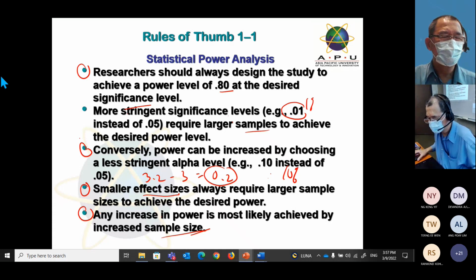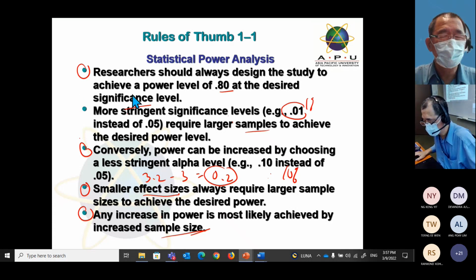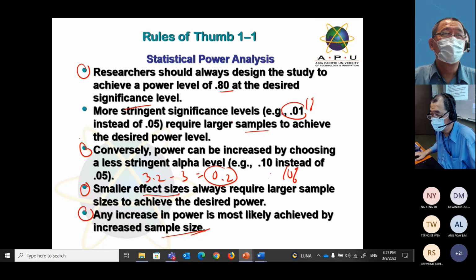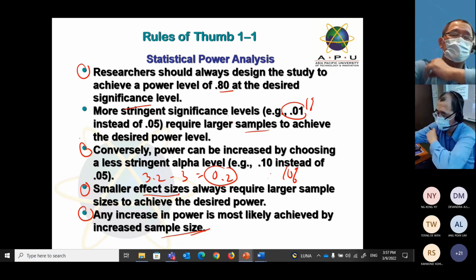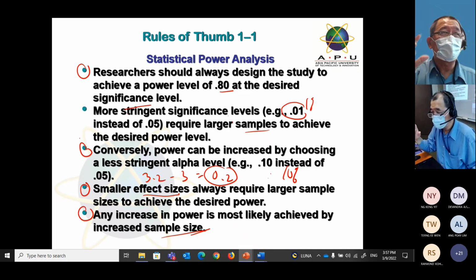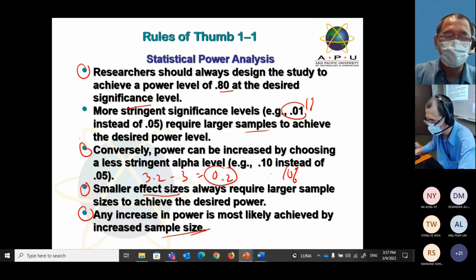I'm not sure if it's the right way to say it. If we find some result that we cannot reject, but then we choose a higher alpha, then we can reject it. So it's about how we choose the significance level. Okay, so this one, you are right. I know your question.